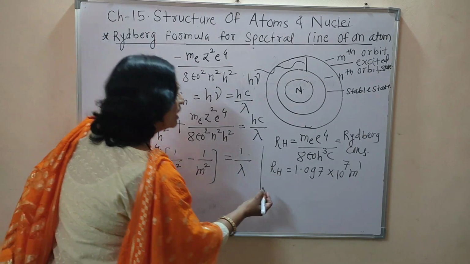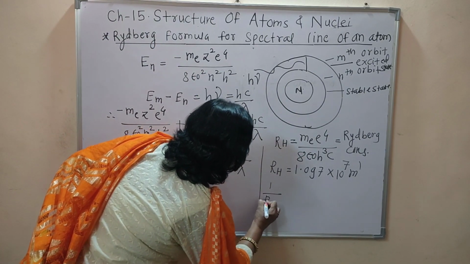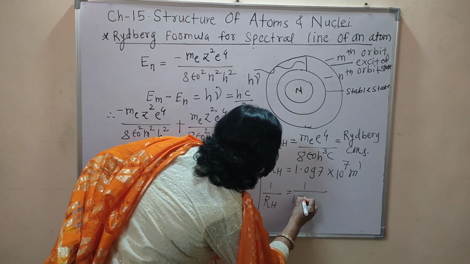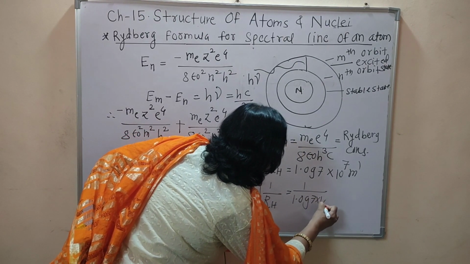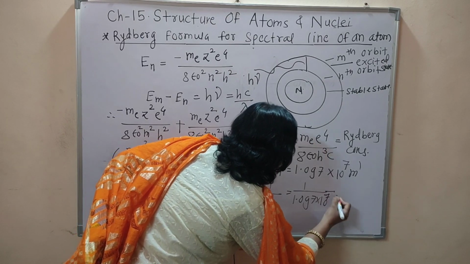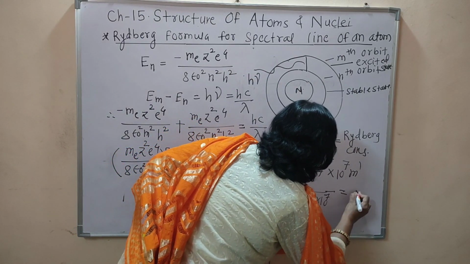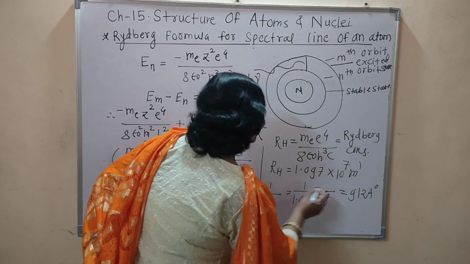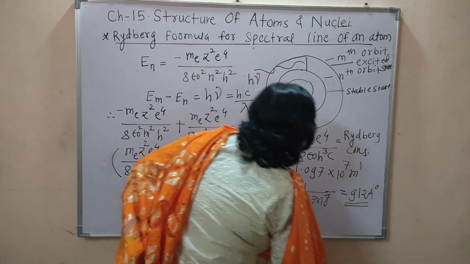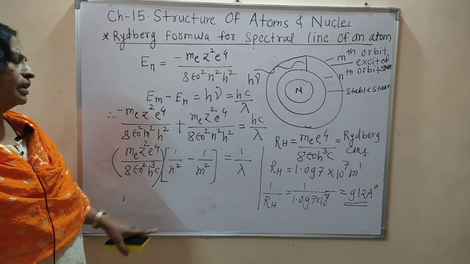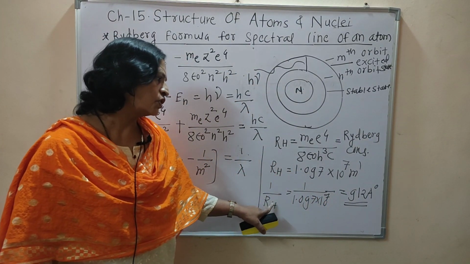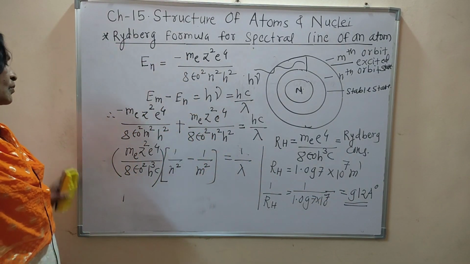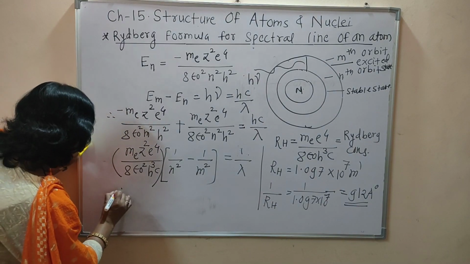And later on we have to use the reciprocal, 1 by RH, which is the reciprocal of this value, 10 raised to minus 7, and that is nothing but 912 Angstrom. We have to use this shortcut in so many numericals. Understood? Therefore the reciprocal of RH, 1 by R, is equal to 912 Angstrom.